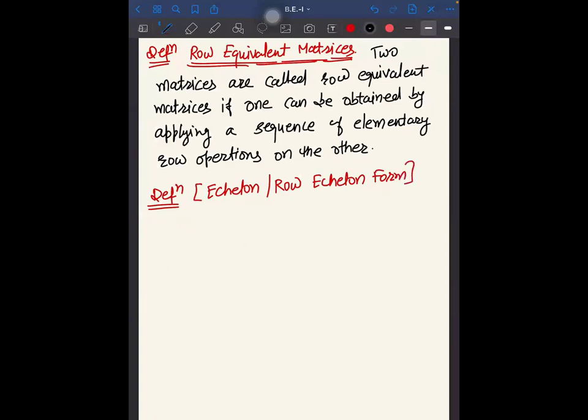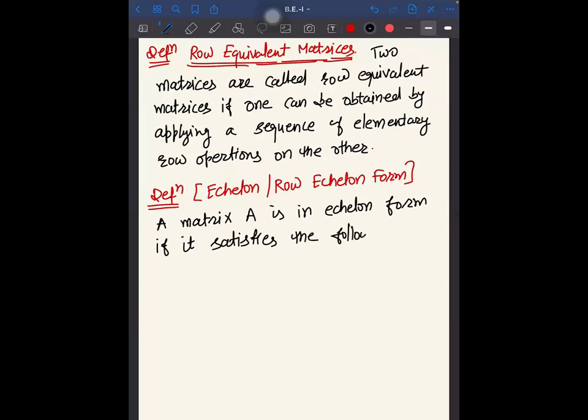Okay, so a matrix A is in echelon form or row echelon form, one and the same thing, if it satisfies the following three properties.